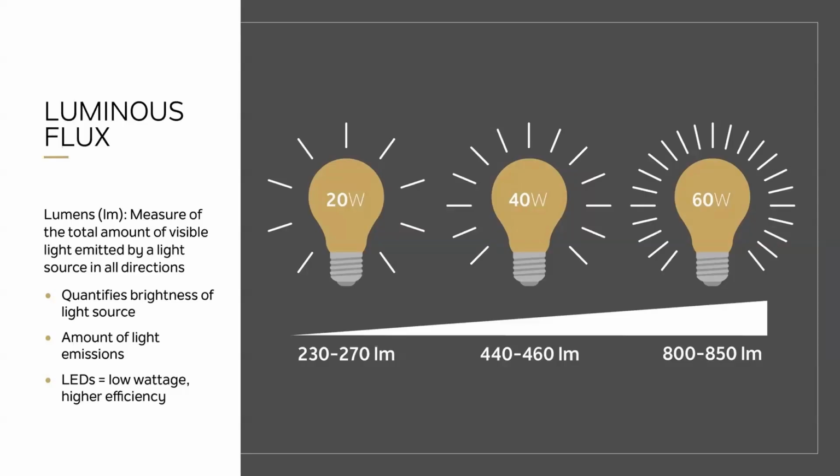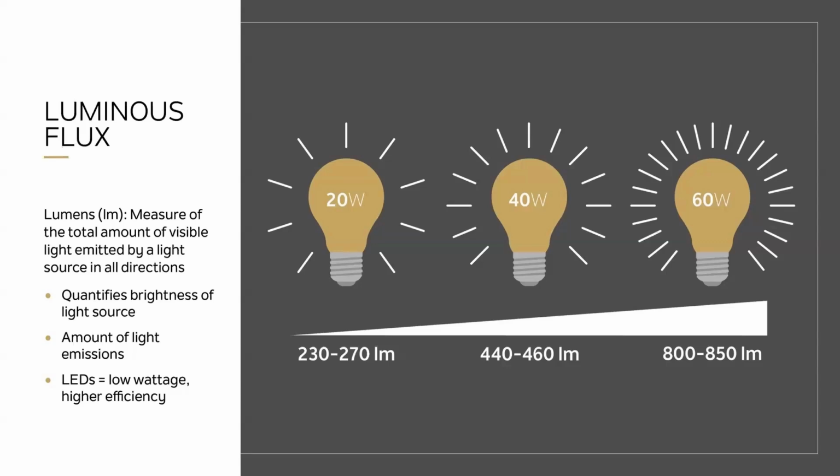And LED, energy efficient bulbs, are becoming even more energy efficient as we speak. They have a lower wattage than traditional bulbs, but emit just as much light or even more. Because of this, we should all really try to compare bulbs based on the number of lumens and not on the wattage. So as you see on your screen, a 20-watt incandescent bulb emits about 230 to 270 lumens.